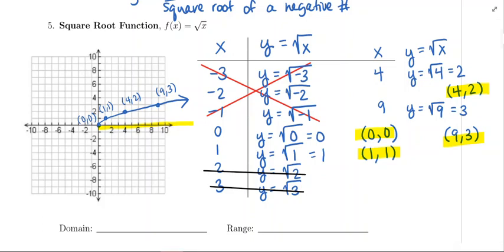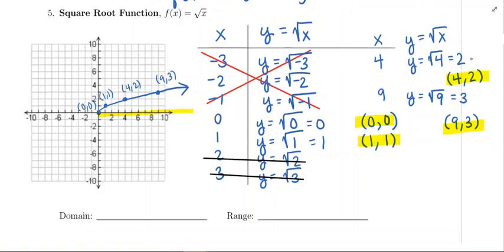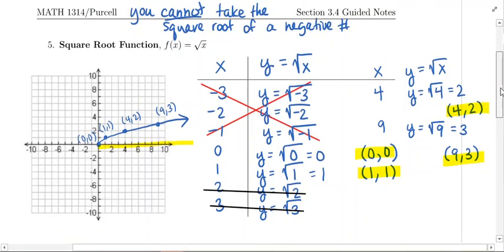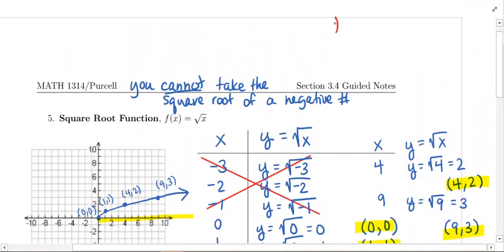When we talked domain from the formula in section 3.1, we talked about how to handle square root functions. If you want to find the domain of a square root function, remember what the rule is, and I'll write it up here.